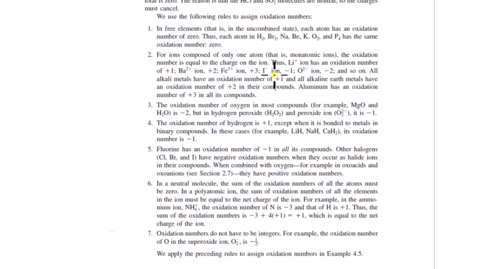Well, for the case of an actual literal ion, you don't have to do any hypothetical transfer of electrons. It's all about just tracking the electrons, right? That's the whole purpose of oxidation numbers. Well, with ions, it's easy because you actually do know where exactly the electrons are. So the oxidation number for an ion is just the charge of the ion, at least for a monoatomic ion, where you're only dealing with one atom, right?